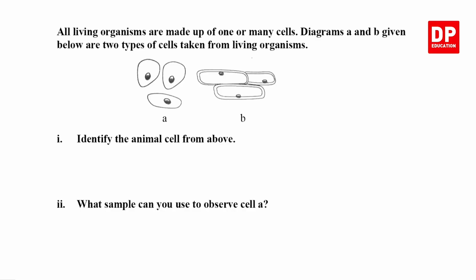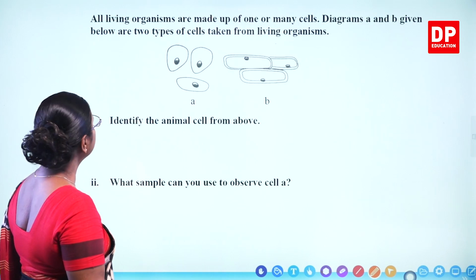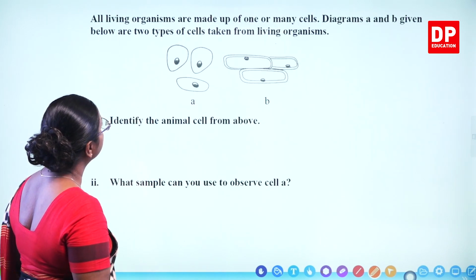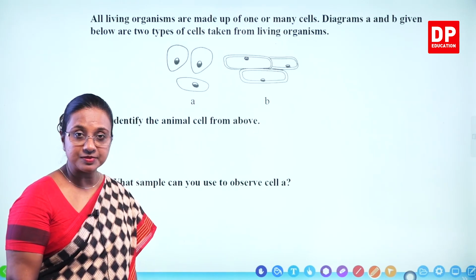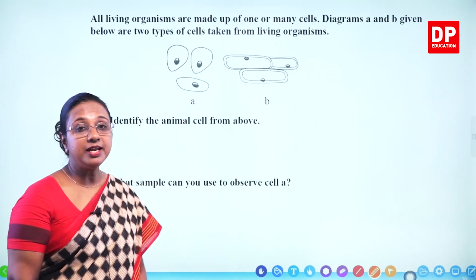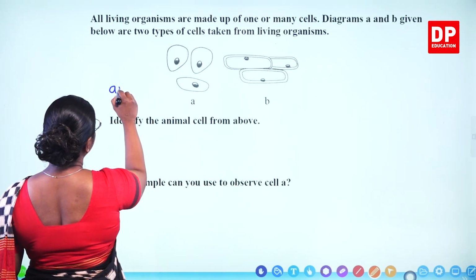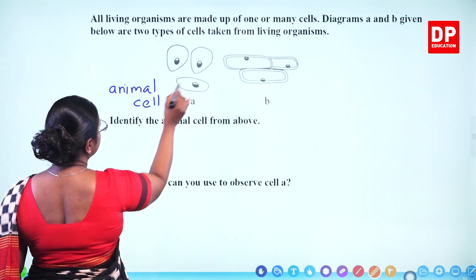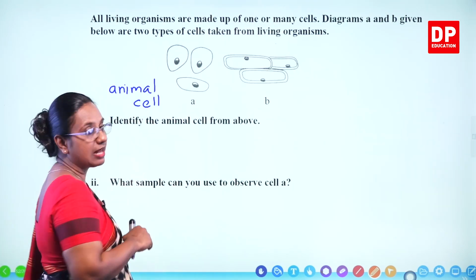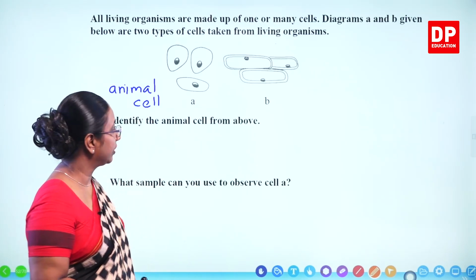All living organisms are made up of one or many cells. Diagrams A and B given below are two types of cells taken from living organisms. We identified the two cells, A as an animal cell, because it has only one boundary, that is the plasma membrane, and a centralized nucleus.